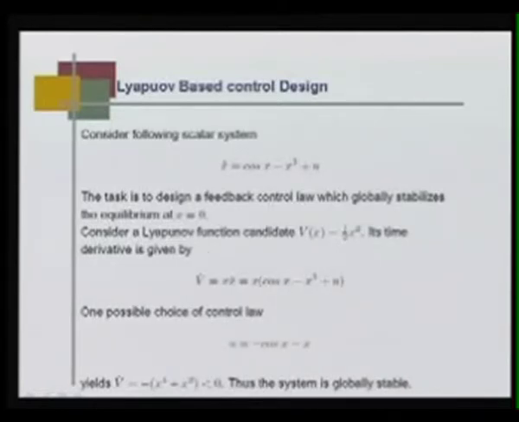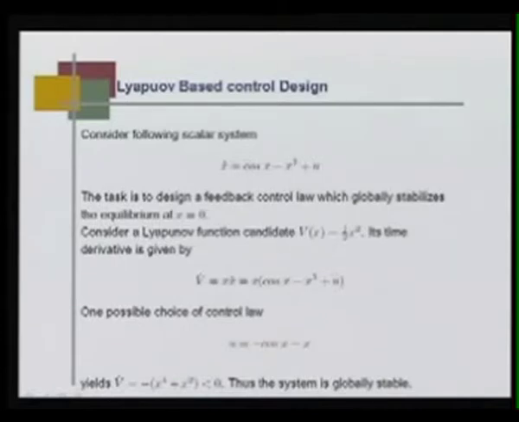Now, consider a Lyapunov function candidate V of x, which is half x square because x is the only state. Its time derivative V dot is x x dot, and x dot is cos x minus x cube plus u.